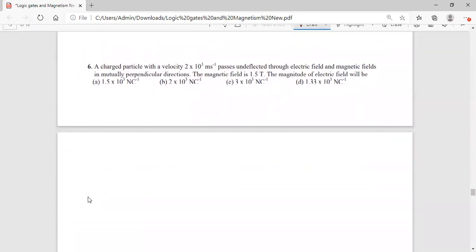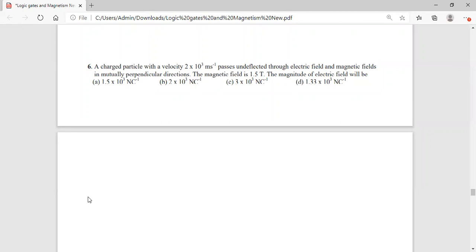Next, a charged particle with velocity 2 into 10 to the power of 3 meter per second passes undeflected through electric and magnetic fields in mutually perpendicular directions. The magnetic field is 1.5 Tesla. The magnitude of the electric field will be?